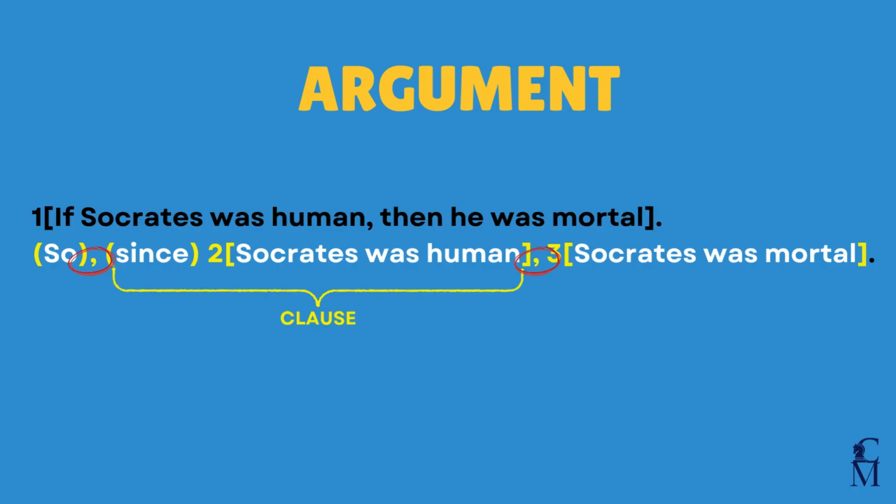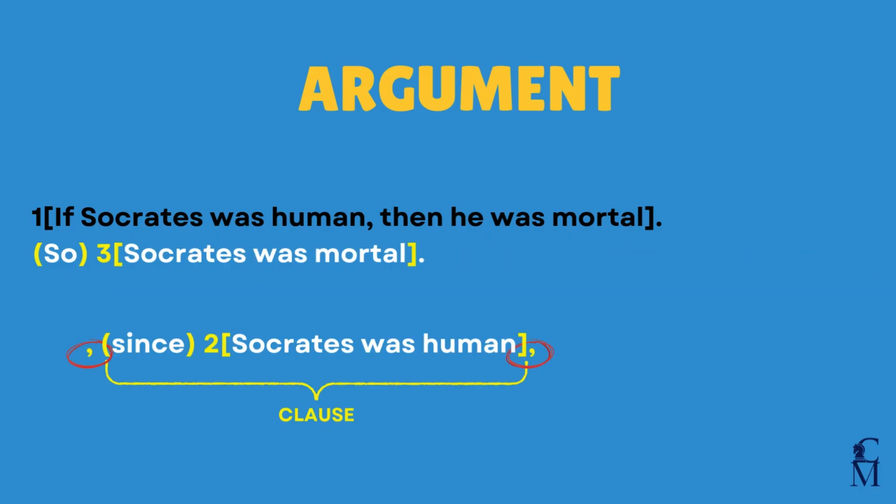In English, when a clause is introduced in between a sentence with the use of 2 commas, one at the beginning of the clause and the other at the end of the clause, what this tells us is that we can remove the clause, starting from the first comma and ending with the second comma, without disrupting the meaning of the remaining sentence.